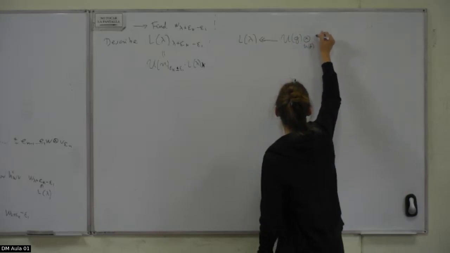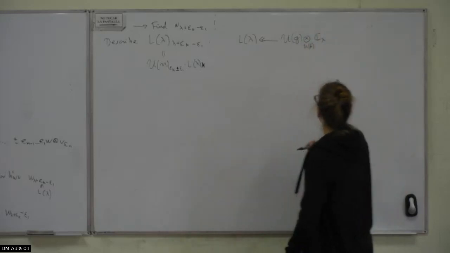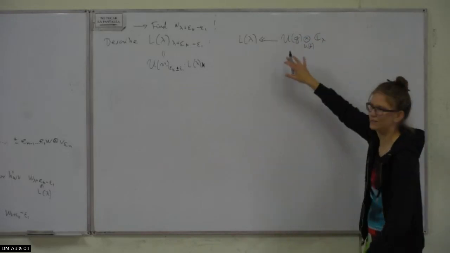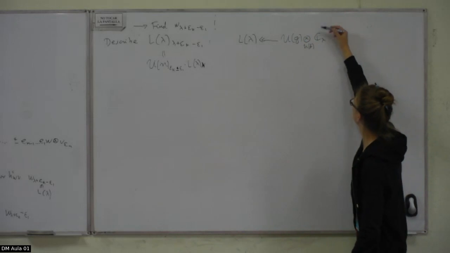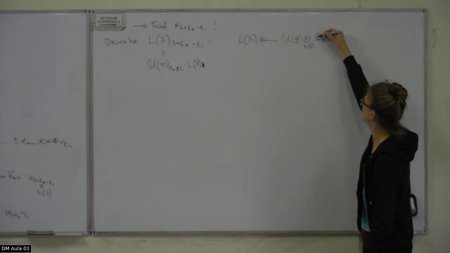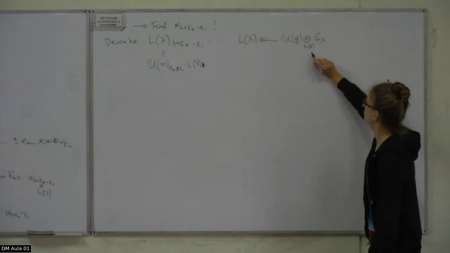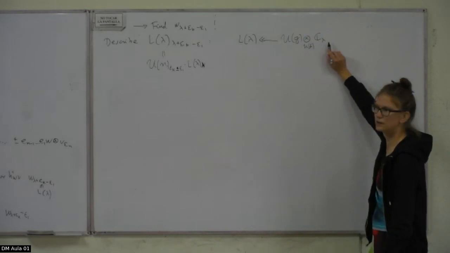Maybe I'm using notation that's a bit off, but here that would be the one-dimensional space on which h acts through lambda and x acts by 0.